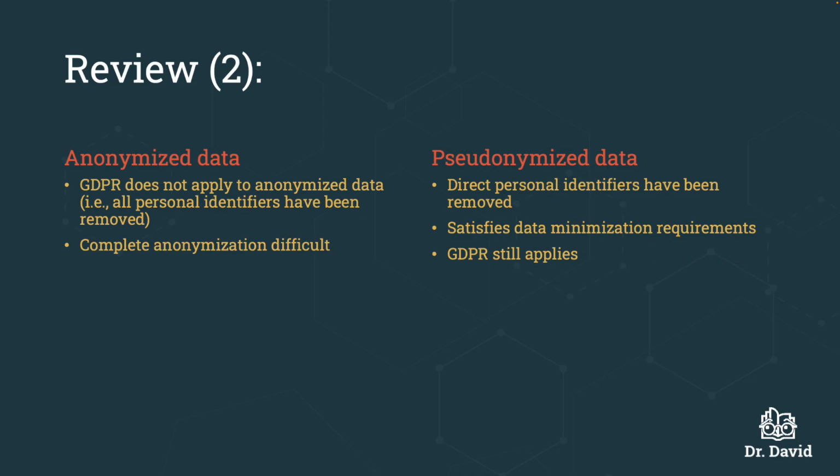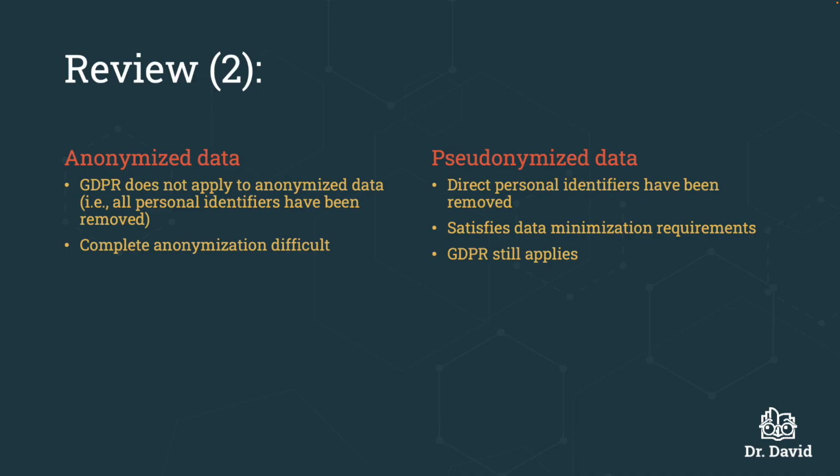Remember that anonymized data is when all personal identifiers have been removed. Complete anonymization under the GDPR is difficult. What is more common is pseudonymized data. This is when direct personal identifiers have been removed. This helps to satisfy the data minimization requirement.